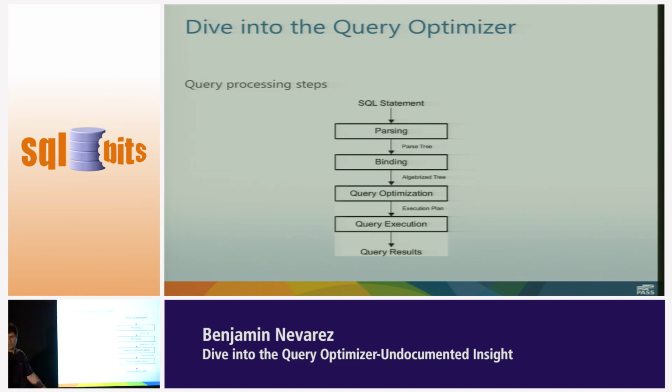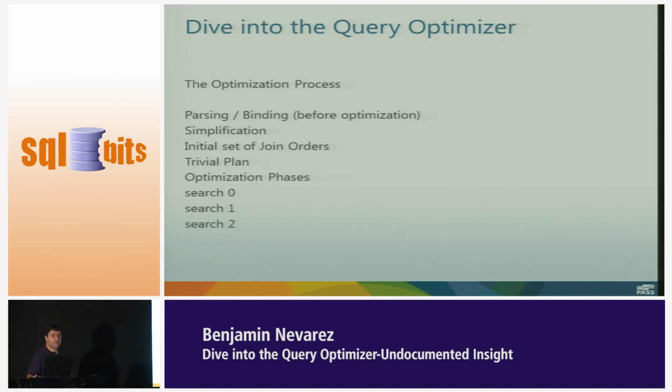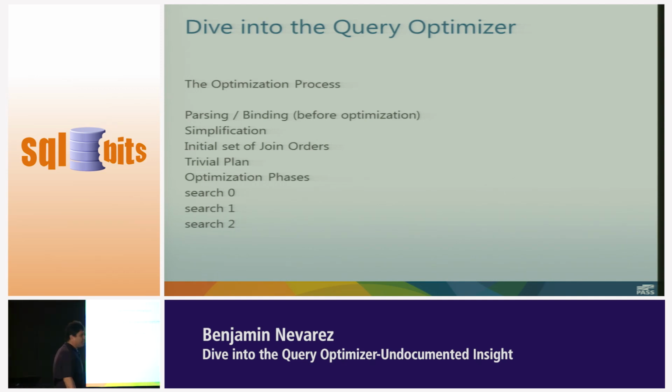We're going to be looking at those a little bit. This is the same information in a little more detail. There is also a simplification phase and a trivial plan. The optimization process in SQL Server goes through these different steps. It doesn't have to do all of them, but that's the basic idea.